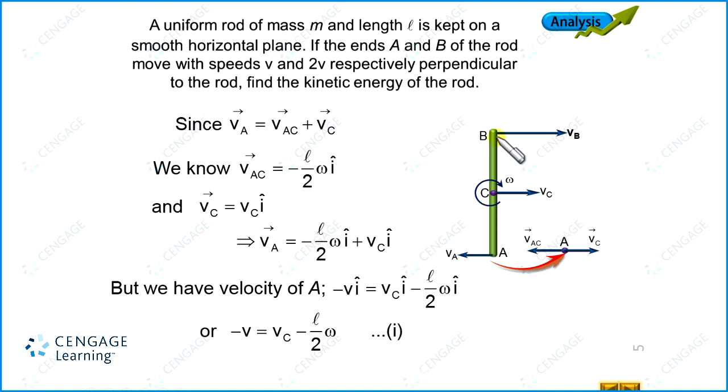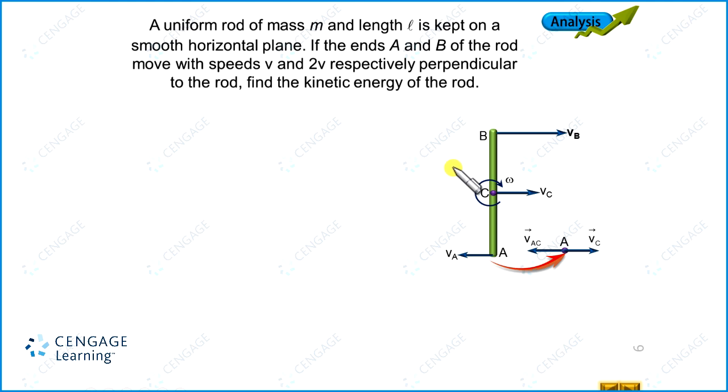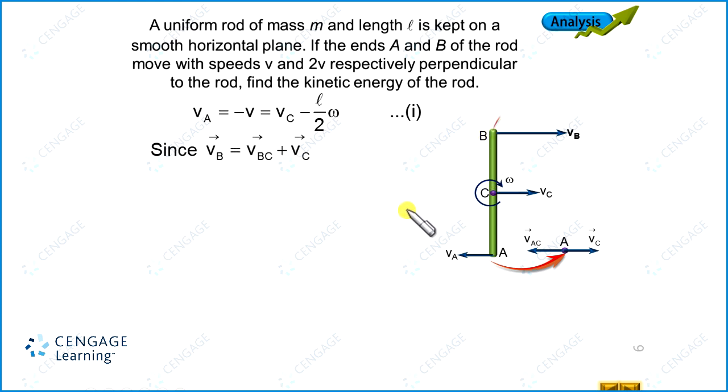Now let us move to analyze point B. If we make the vector diagram, let us write the vector equation first. Velocity of B is equal to velocity of B with respect to C plus velocity of C. Okay, this is the vector diagram. You can observe here that velocity of B with respect to C will be in the rightward direction, because the sense of rotation is clockwise.